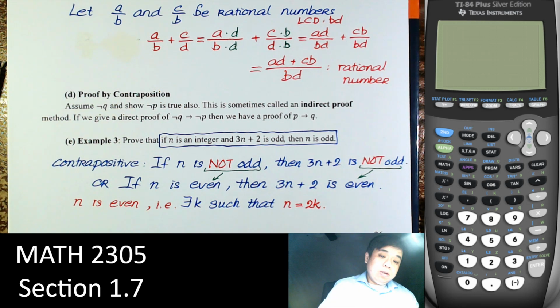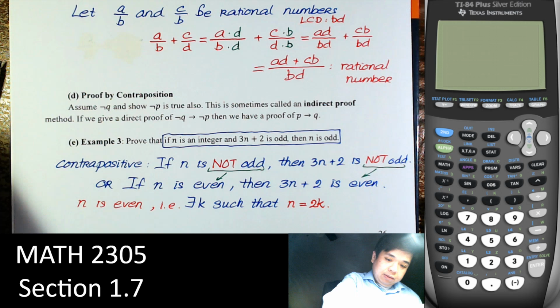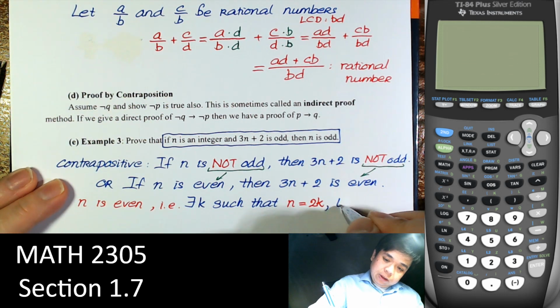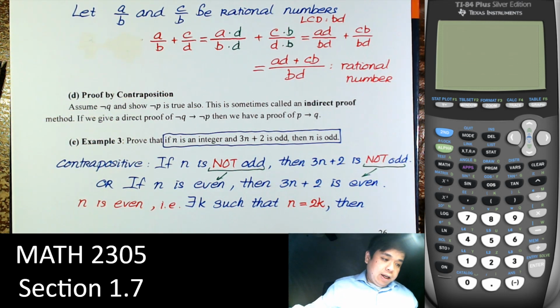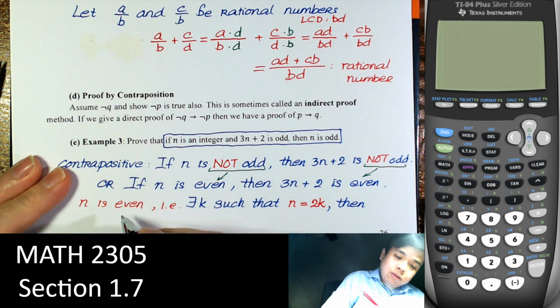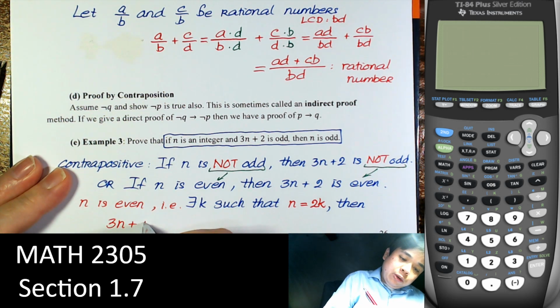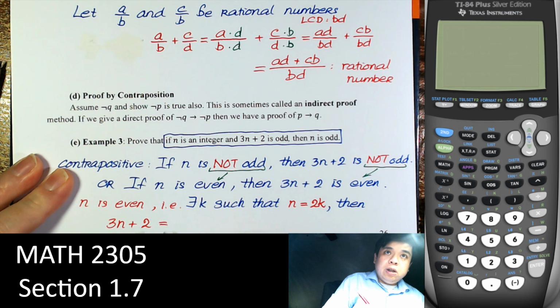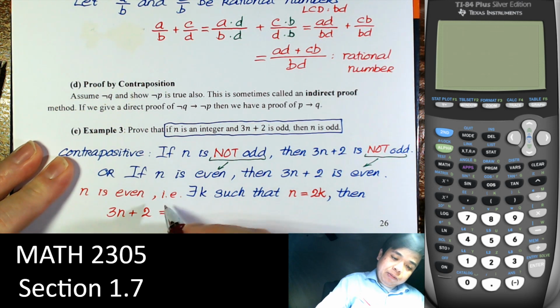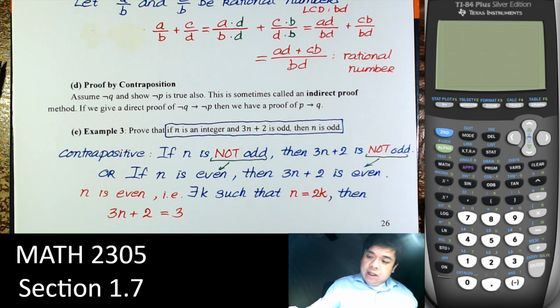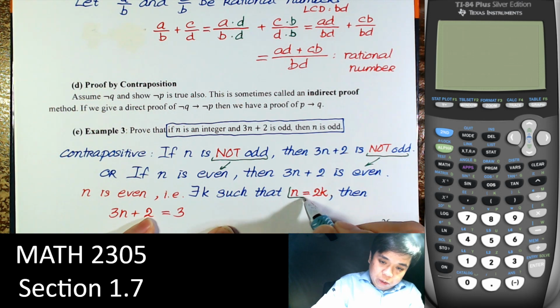And now we substitute in here. Then 3n plus 2 equal to, now the n, I'll just substitute n equal to 2k.